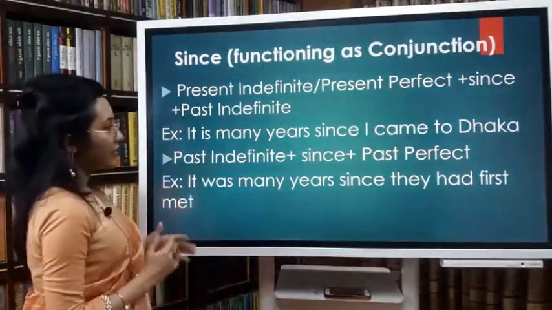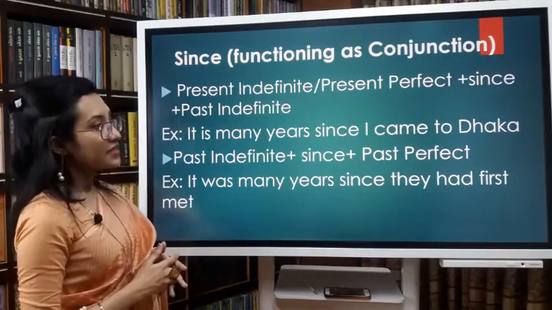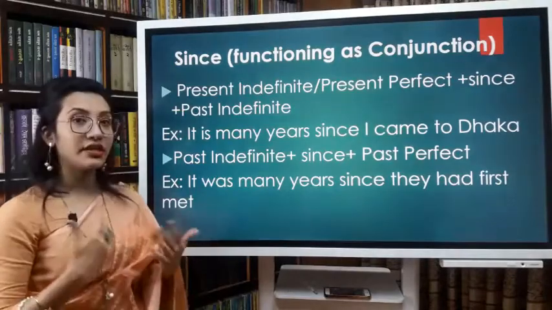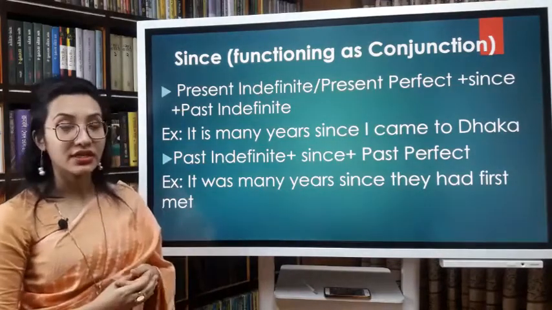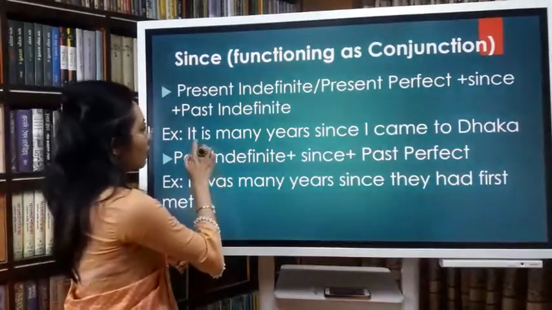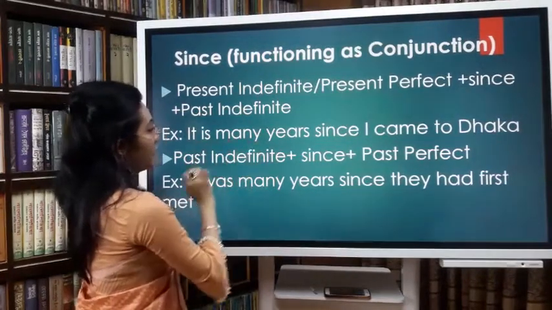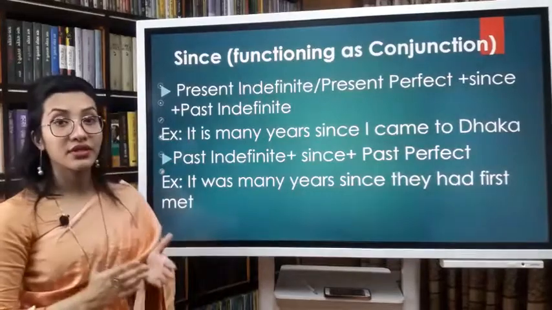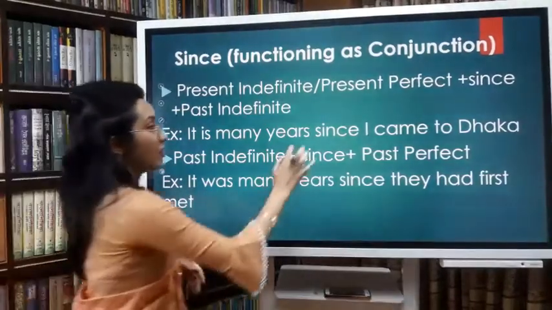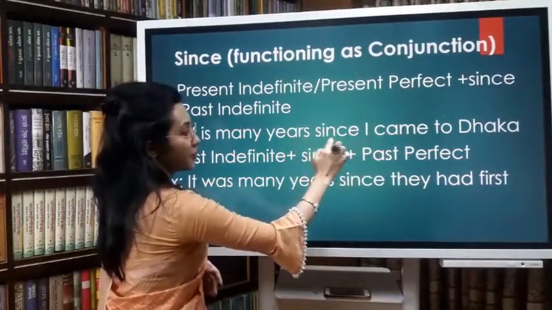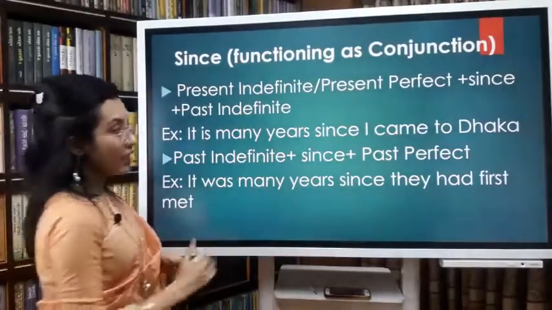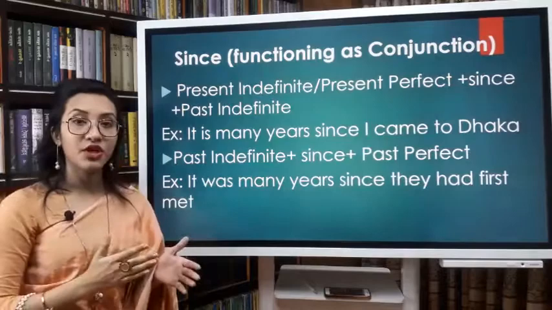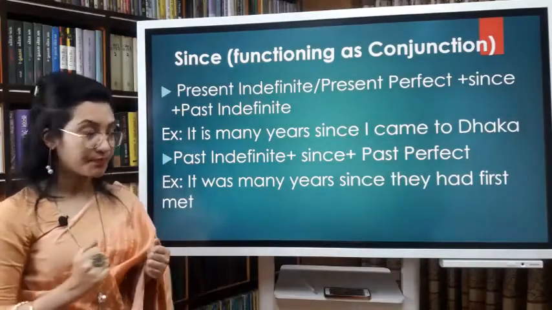Look at this one. It is many years since I came to Dhaka. আমি ঢাকায় আসা অনেক দিন হয়ে গিয়েছে, অনেক বছর হয়ে গিয়েছে। So what we are seeing here, it is many years. Subject is. This is present indefinite tense. The conjunction that has been used here is since. After that we have past indefinite. I came. Subject, then the V2 form of the verb.